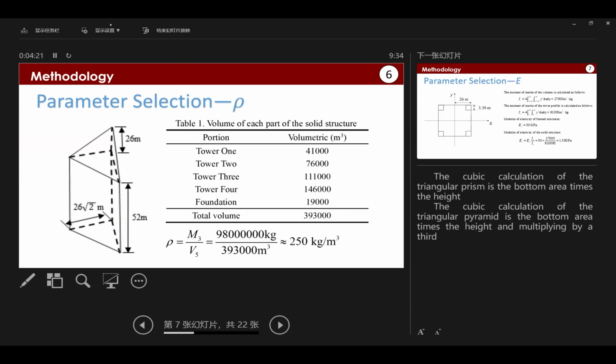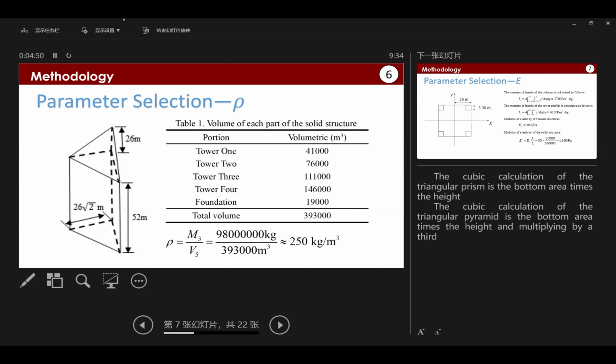So we can calculate the volume here. We can use the area of the bottom multiplied by the height. And for the second part, we use the area of the bottom multiplied by the height and multiplied by a third. Then we add the 2 parts of this structure, and we can get the total volume of tower 1.